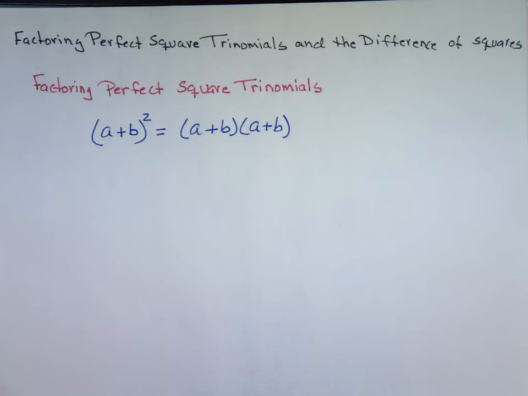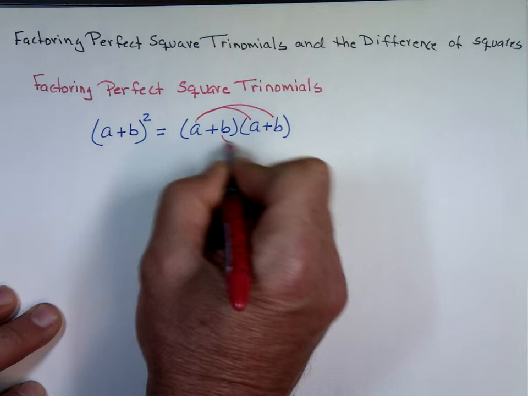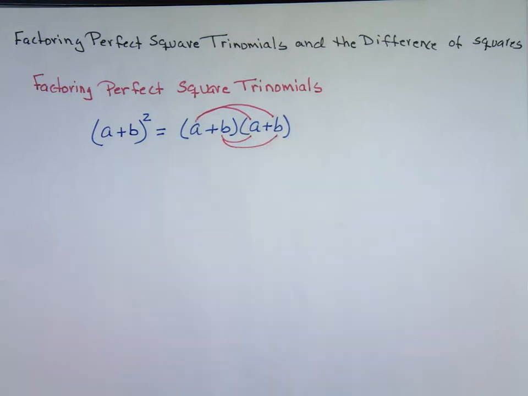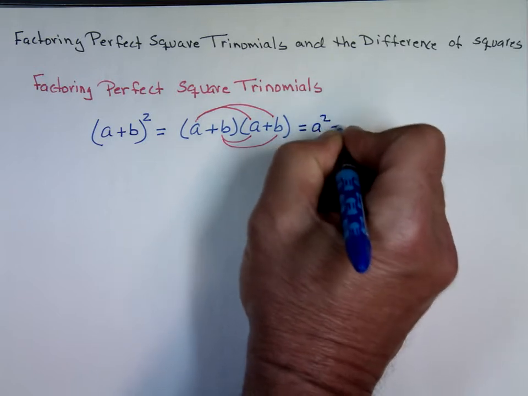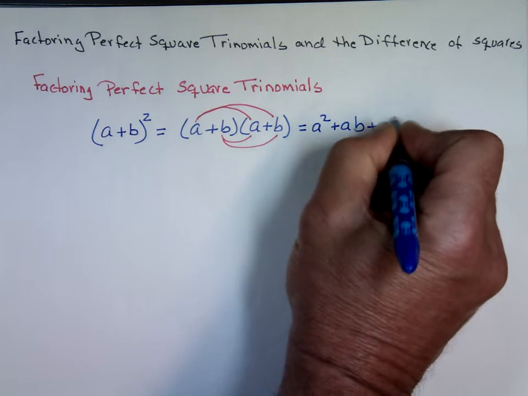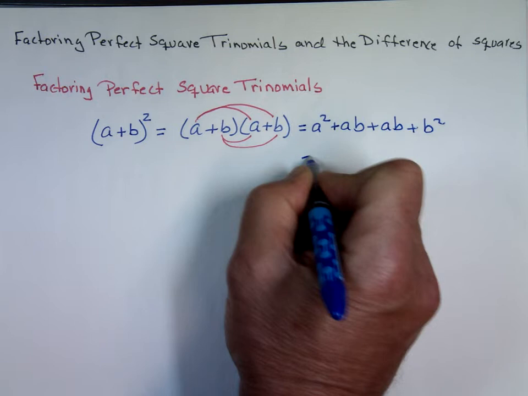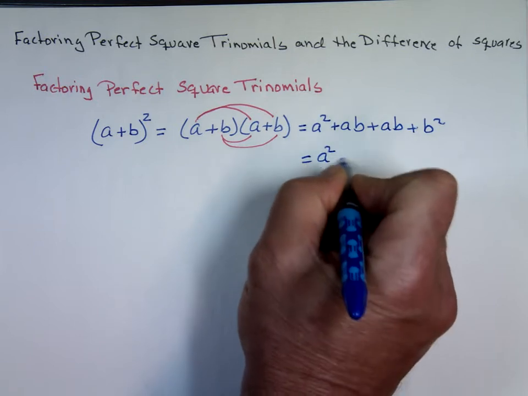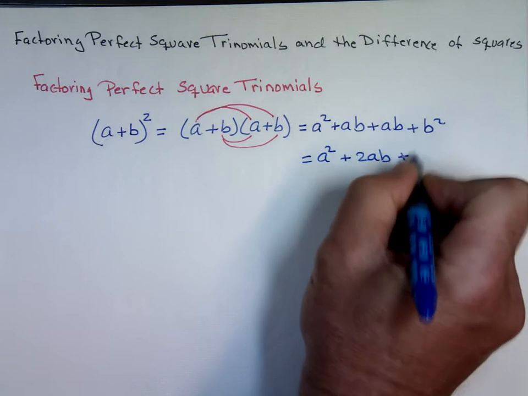If you FOIL this one, you will have a squared plus ab plus another ab plus b squared, which will give you a squared plus 2ab plus b squared.